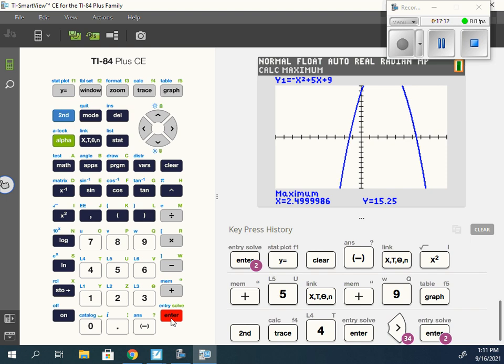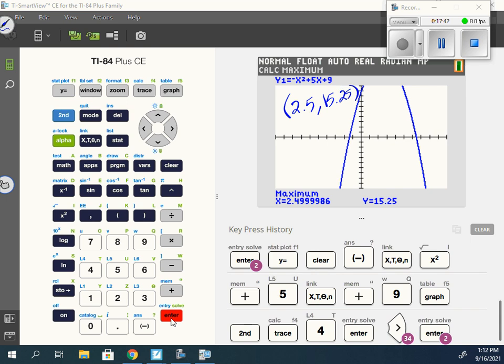So this here is telling us that the vertex for this here is the point. So what would the x value be? 2.5, comma, 15.25. That weird decimal, the 0.99 or 0.0999986 is really just the pixel on the screen.